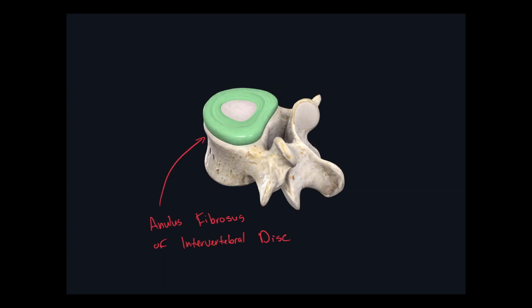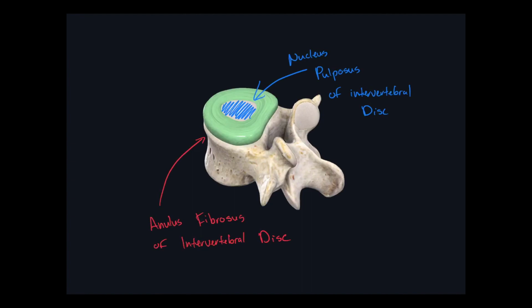The second part of an intervertebral disc is located here in the center. It's very gelatinous, and it's called the nucleus pulposus of an intervertebral disc. And those are the 2 different parts of an intervertebral disc. And the intervertebral disc, remember, is a joint component of an intervertebral symphysis.